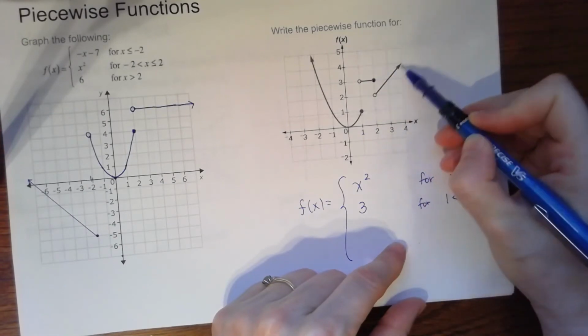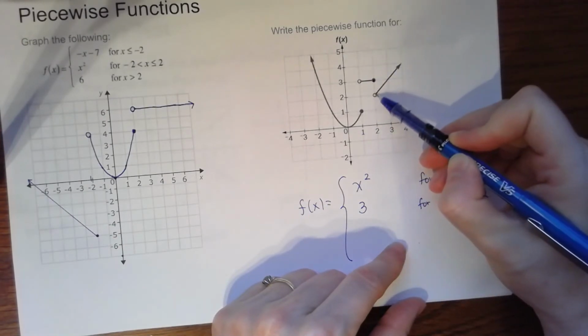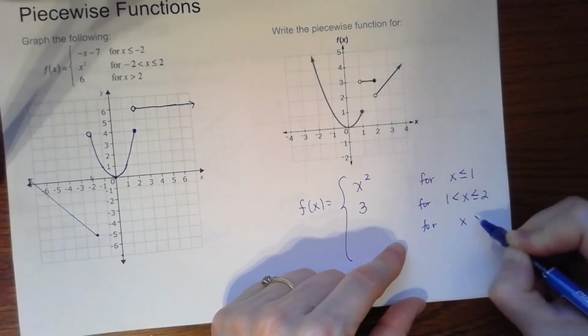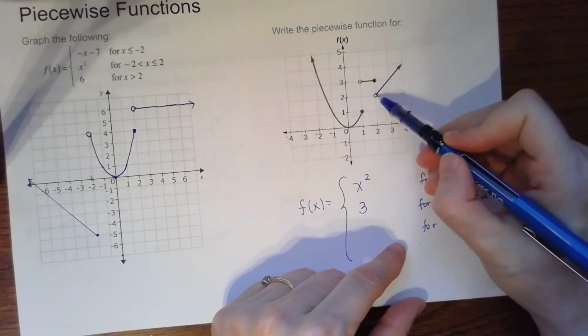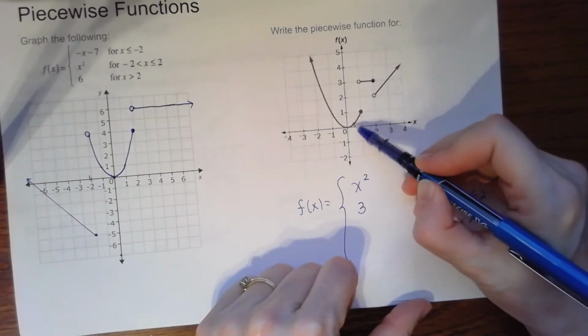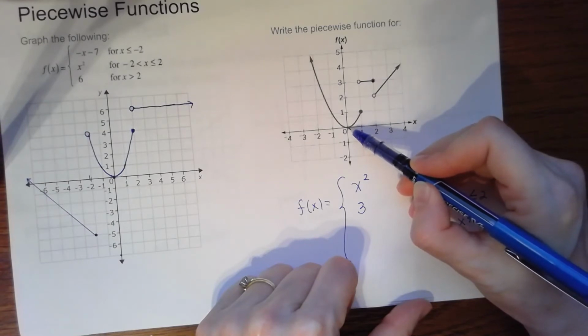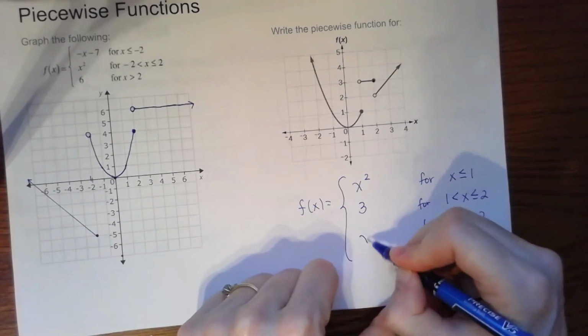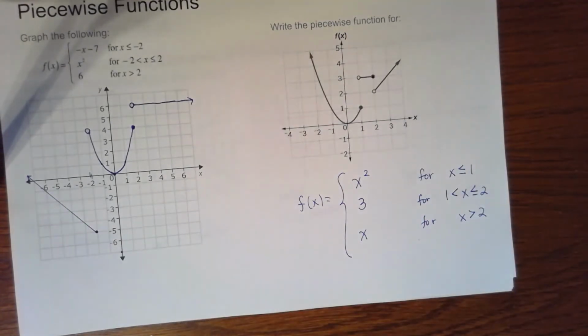And then finally this part: if it's bigger than 2, it can't include 2, and it looks like this line. If you follow that line back, it would have a y-intercept of 0 and a slope of 1. That's just the line y equals x.